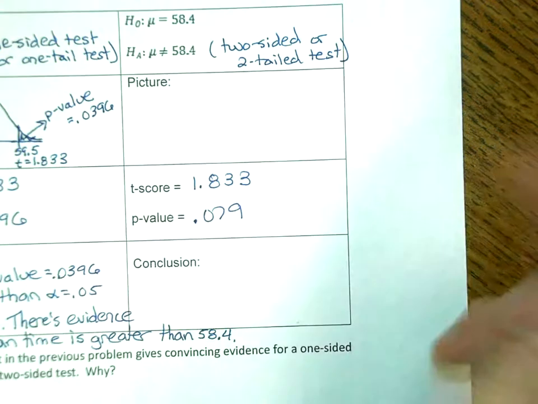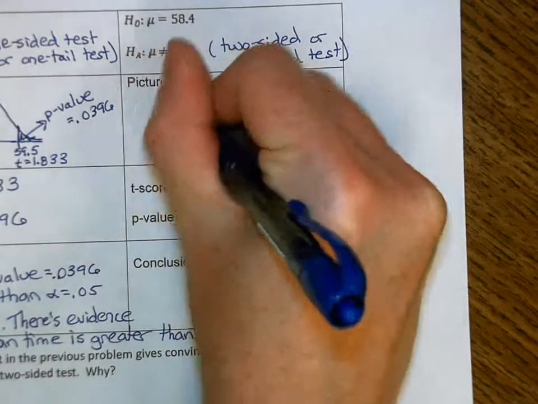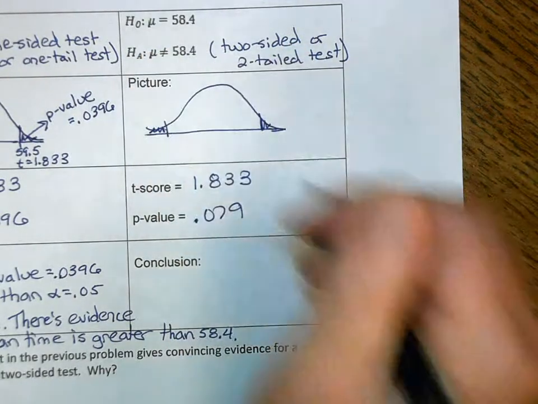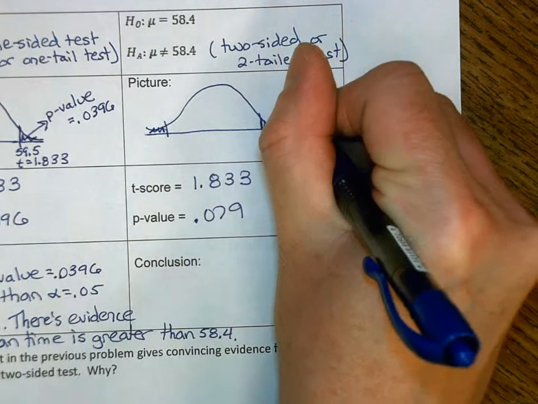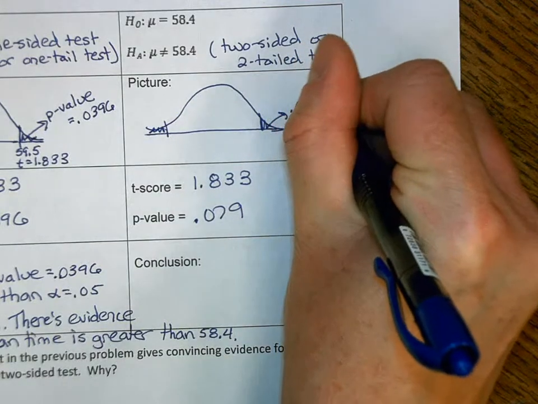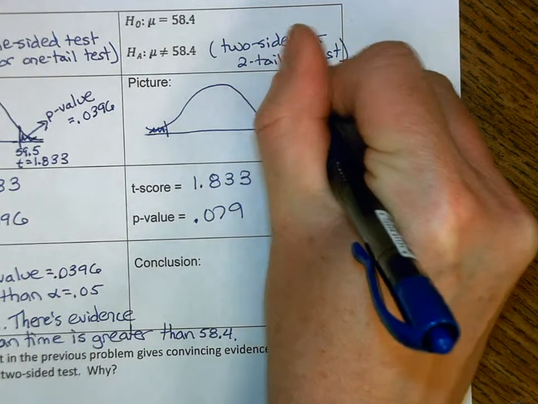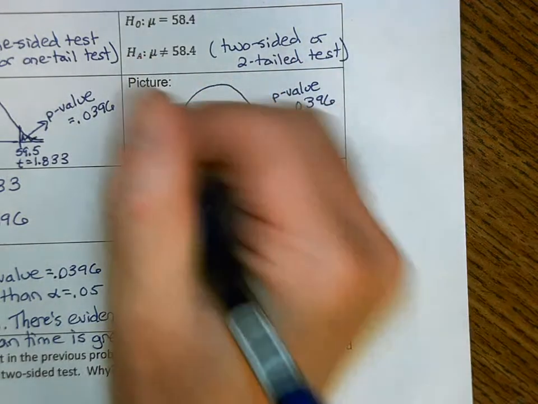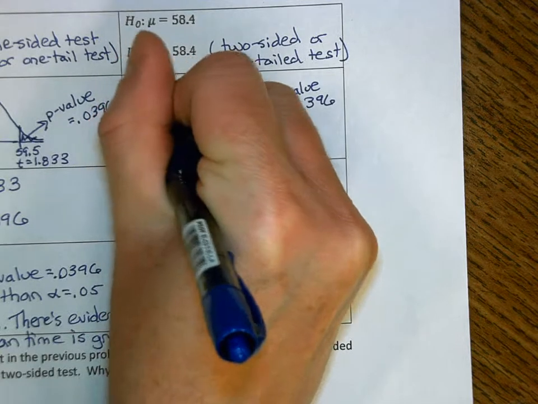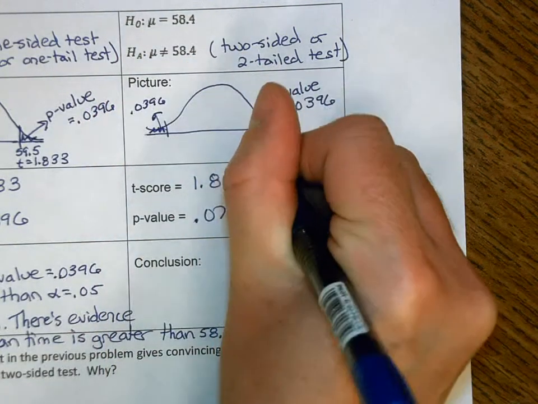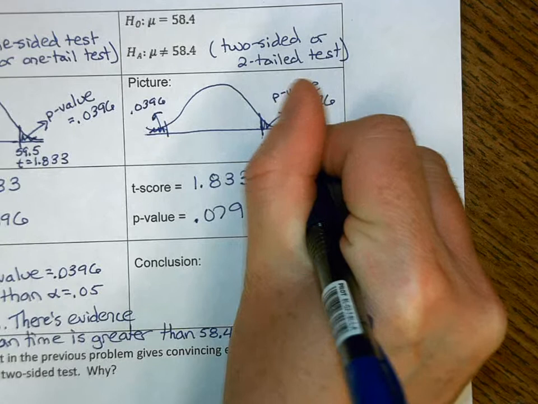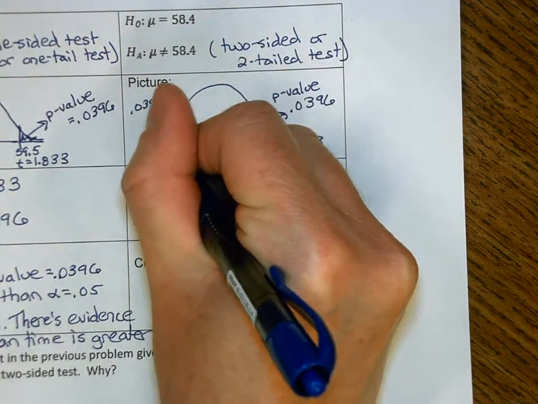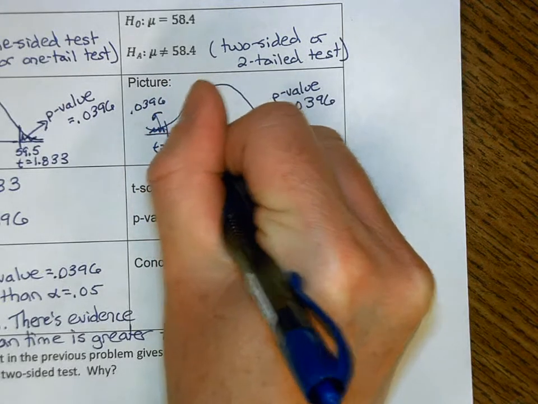So for our picture, I'm shading both ends. Each of these little shaded parts makes up that 0.0396. The two-tailed test, or the two-sided, multiplies your p-value by 2. This t-score is the one that we ended up with, 1.833. However, if we were to look at the other end, this would be a negative t-score of 1.833.